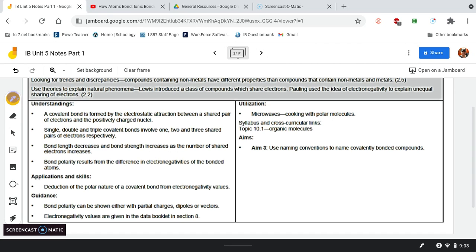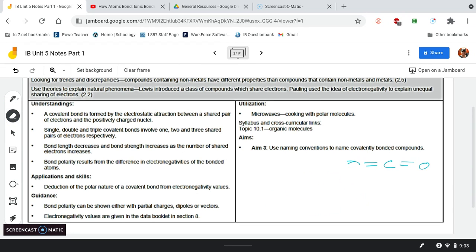Something like this would maybe be familiar, where you're taking carbon dioxide, and we put some dots around it, and we did some counting, and we did some double bonds, and at the end of the day, you end up with stuff that looked like this. We're going to be doing that again.